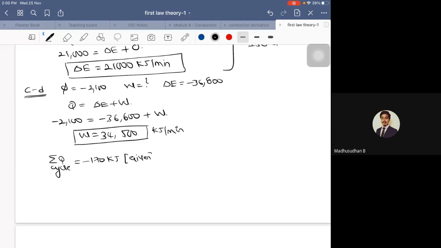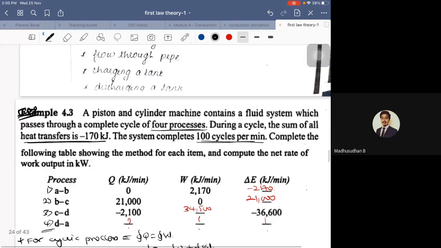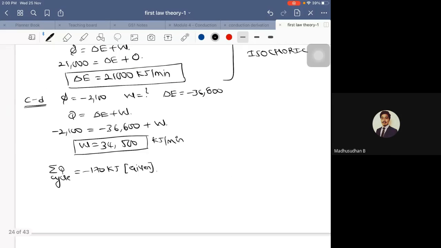The cycle is undergoing 100 cycles per minute, correct? So 170 kilojoules per cycle, and you multiply to complete 100 cycles per minute.